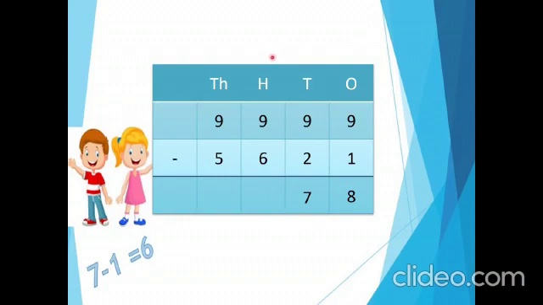Moving to the 100's column, 9 minus 6 is 3. Moving to the thousands column, 9 minus 5 is 4. So the difference is 4,378.